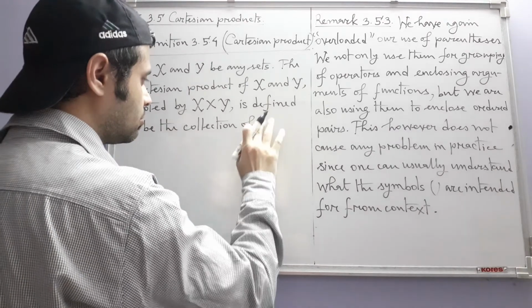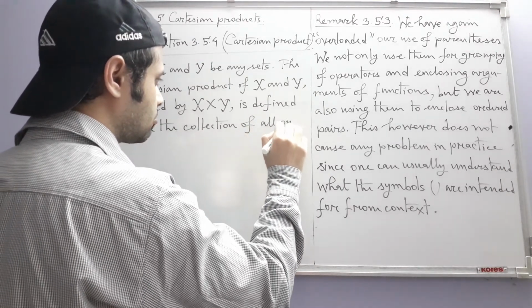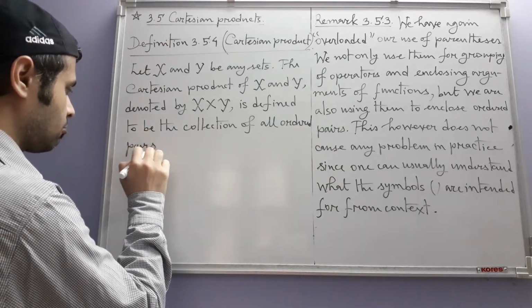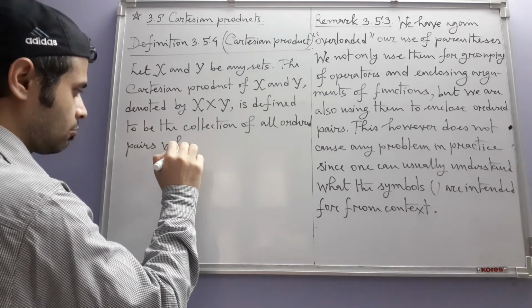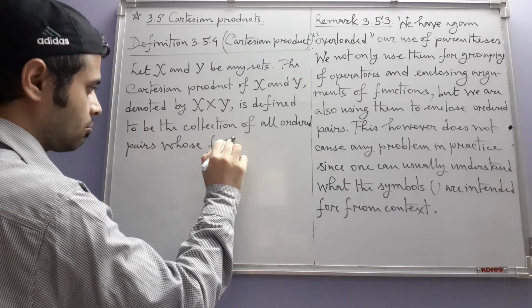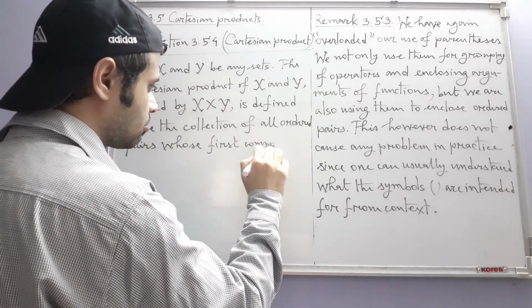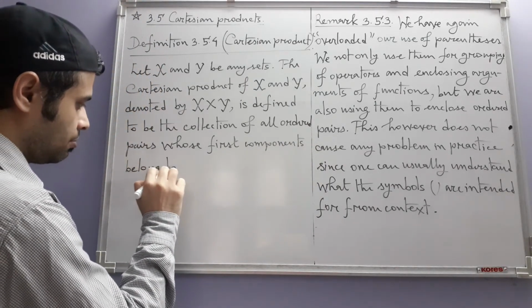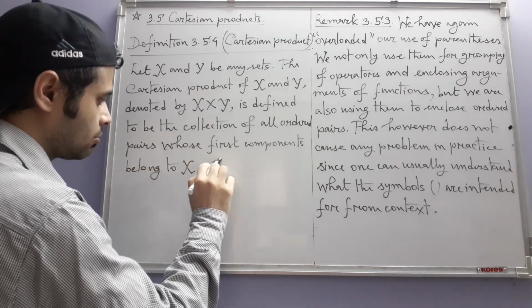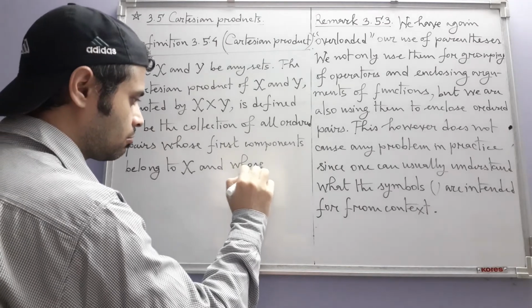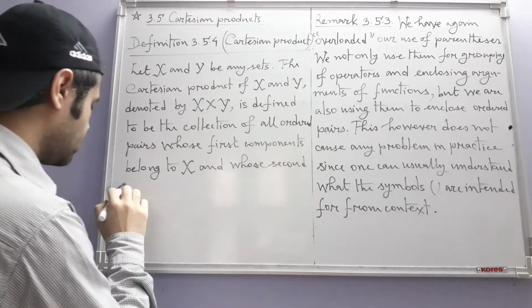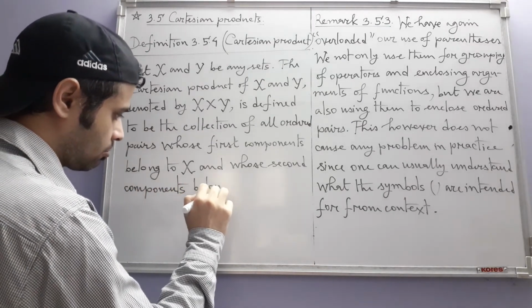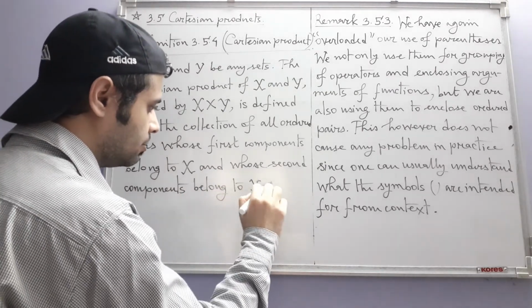the collection of all ordered pairs whose first components belong to x and whose second components belong to y.